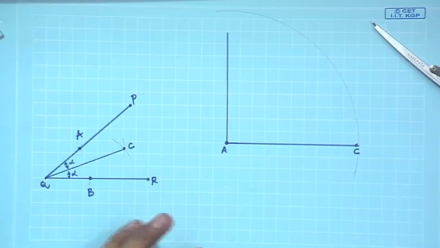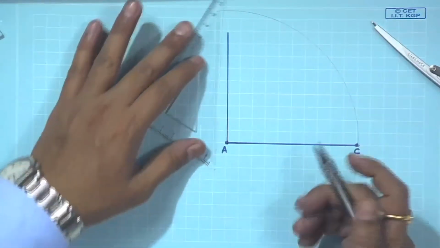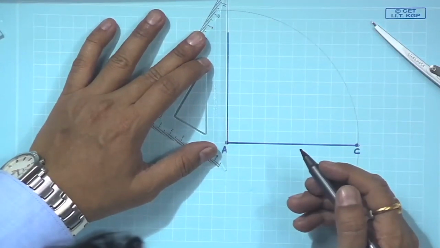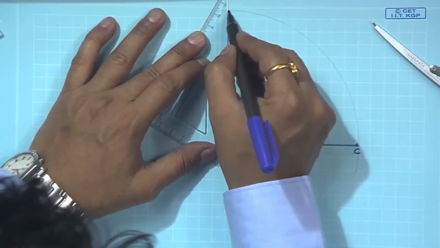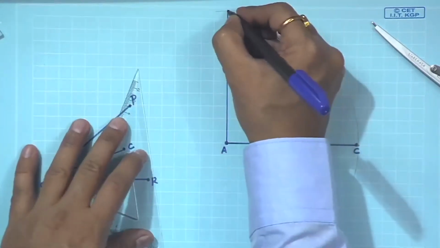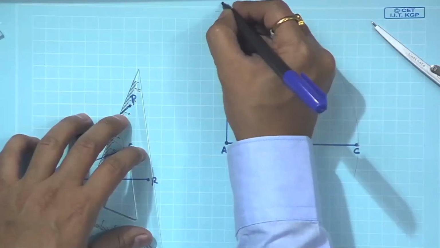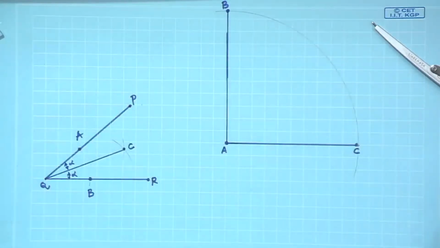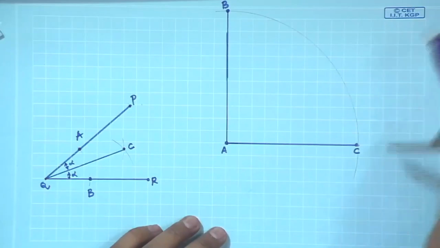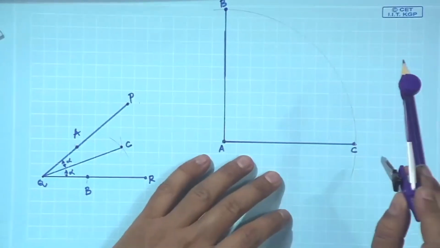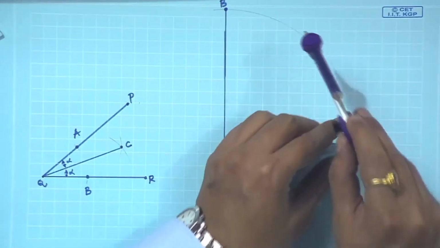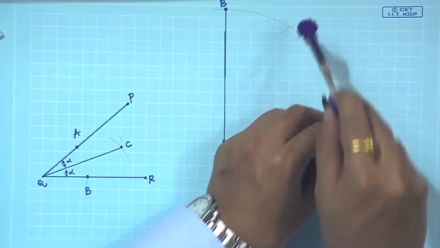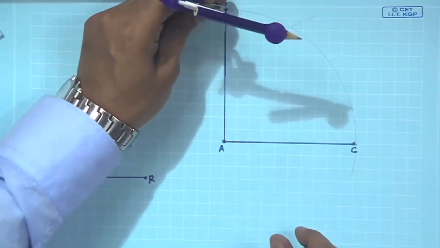Once it is done, extend through the scale so that we have point B also here, an arc passing through B and C. From C with the same radius, mark an arc.